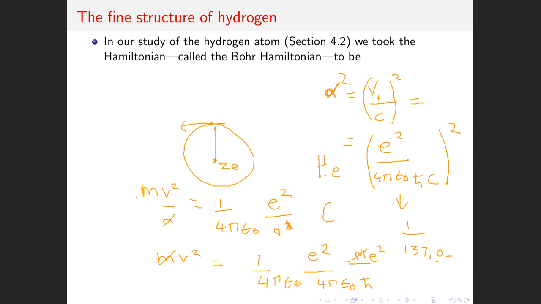If you read Griffiths, I think it's one of the exercises, it says that if you can somehow derive this number from first principles, you can even get a Nobel Prize. But no one really knows why that number takes that value.